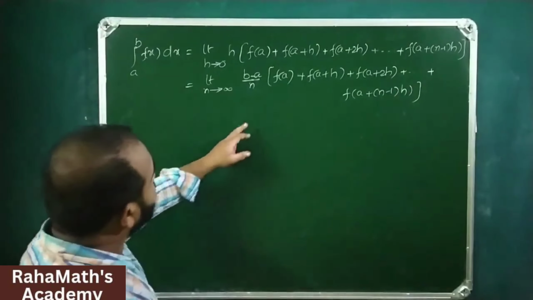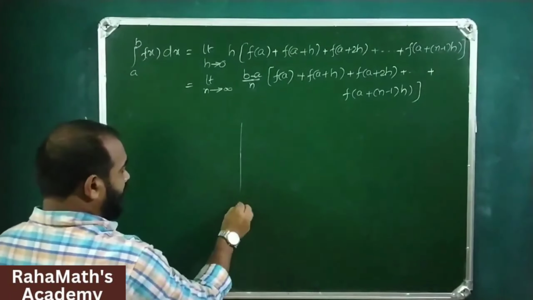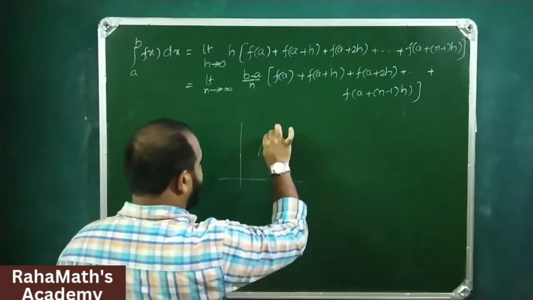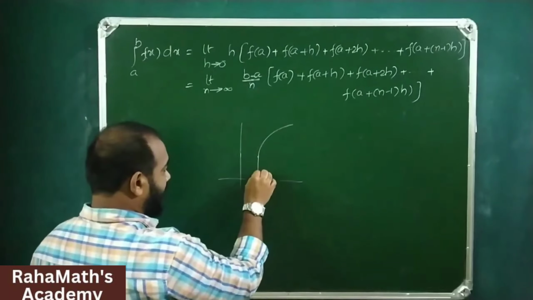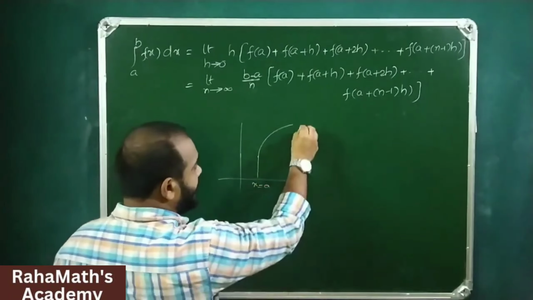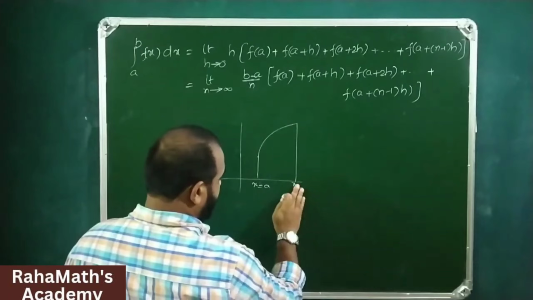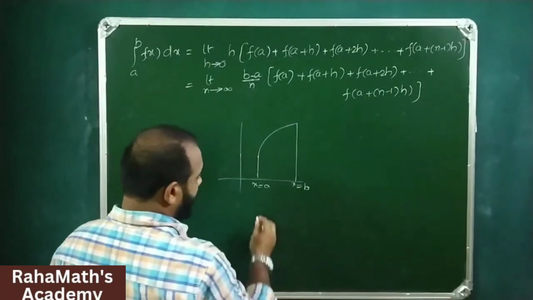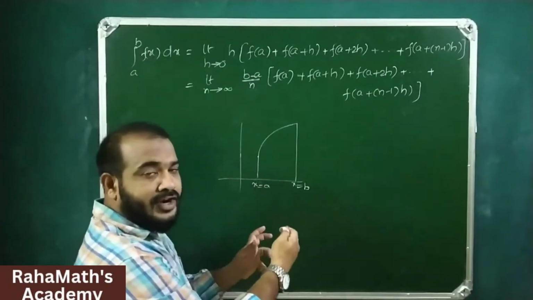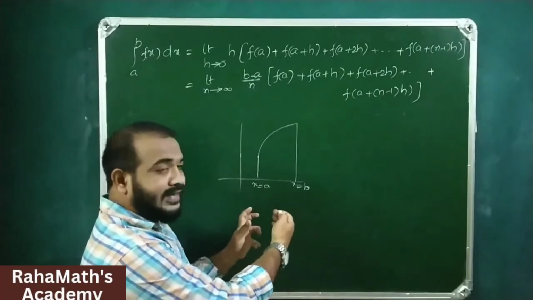Here the geometrical interpretation of this is: x is equal to a and this is x is equal to b, where this has been divided into n rectangles.